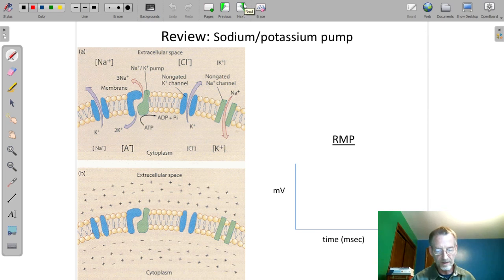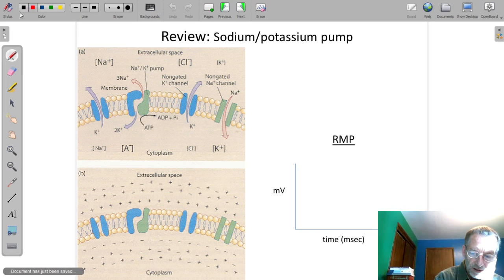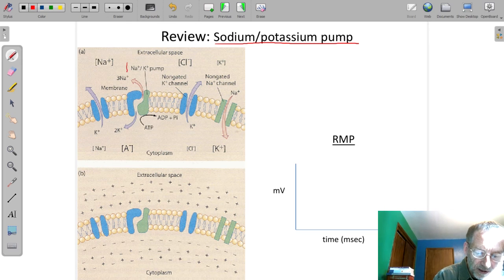Okay, so just a review, and I won't spend as much time on this, but it might help with your anesthesia section that you're also doing in fall quarter. Just to remember, the sodium-potassium pump is on the membrane, and here is the pump in this picture, this green and blue structure.